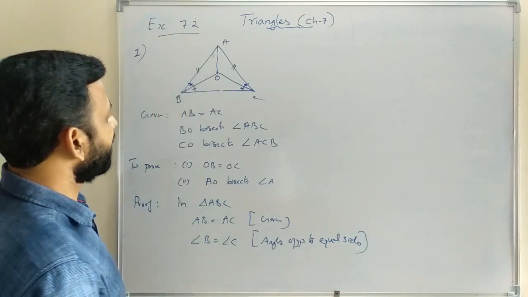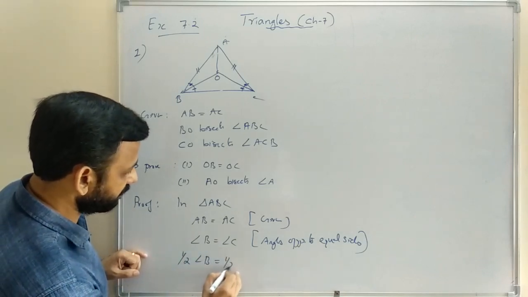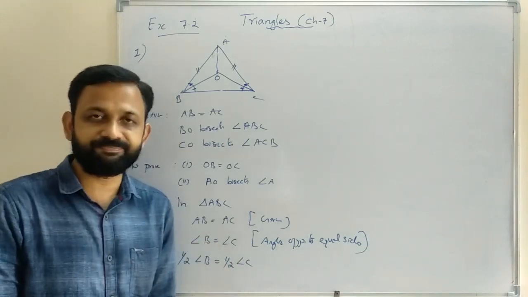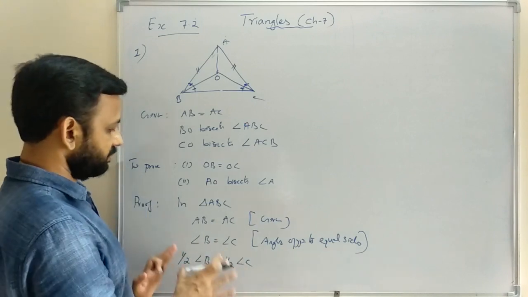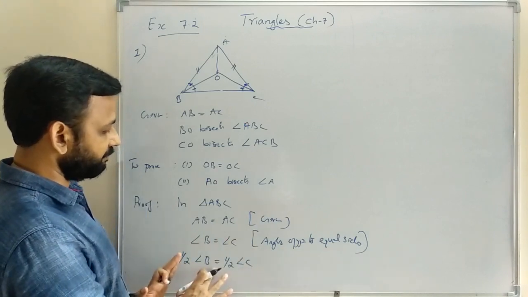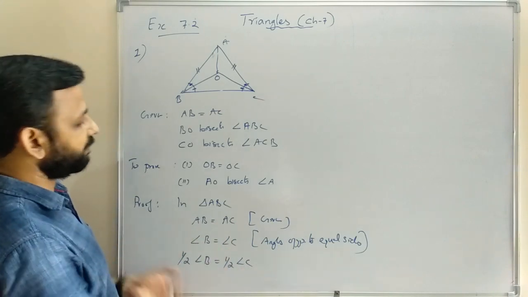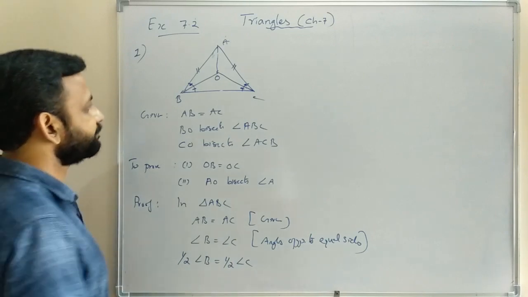Now we can multiply both sides by 1/2. Half of angle B equals half of angle C. Because this is an equation, when we multiply both sides by the same number, the equality is not changed.